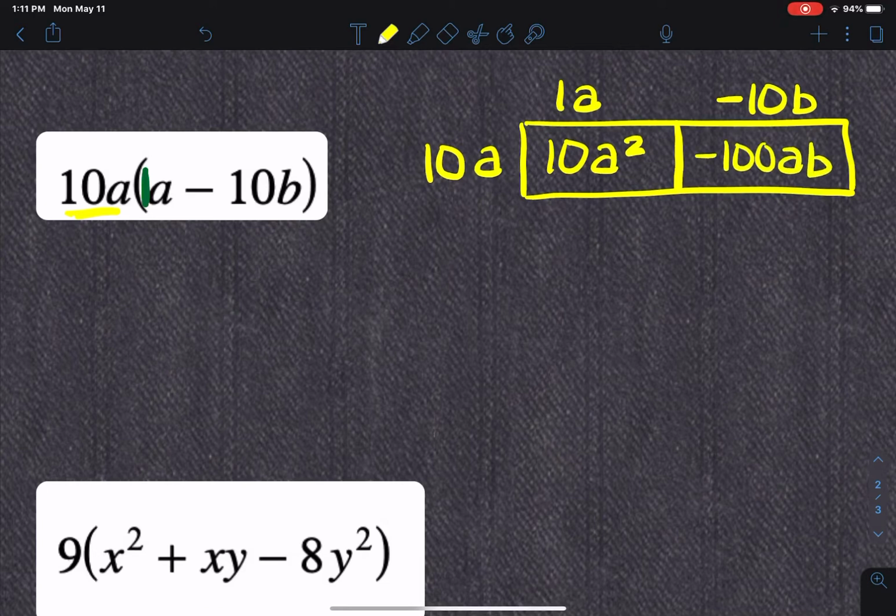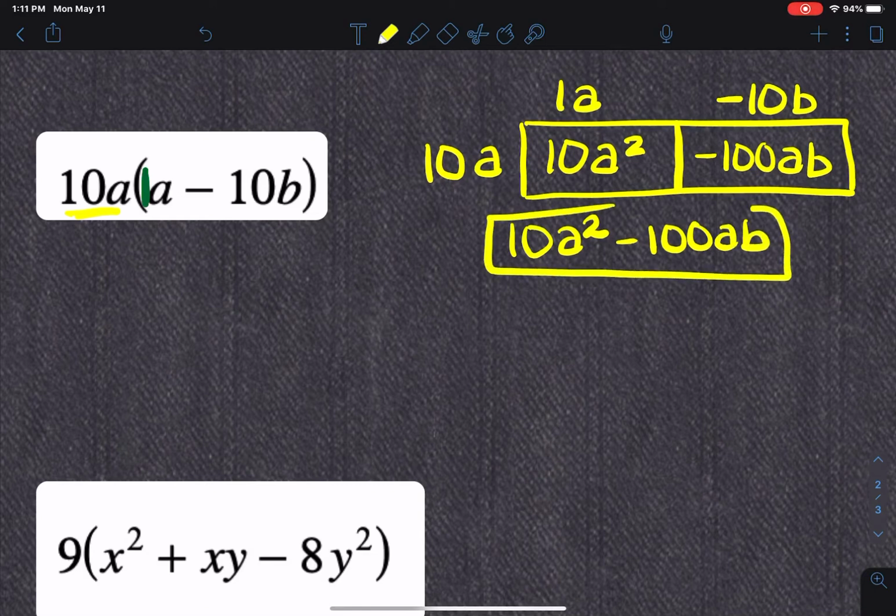Remember, if you have more than one letter, you can't do much more than put them together, and make sure that they're in alphabetical order. So if A comes alphabetically before B, it should be written like this. When I look at what's inside the box, there's nothing that has like terms. So I'm just going to write it as 10a squared minus 100ab.